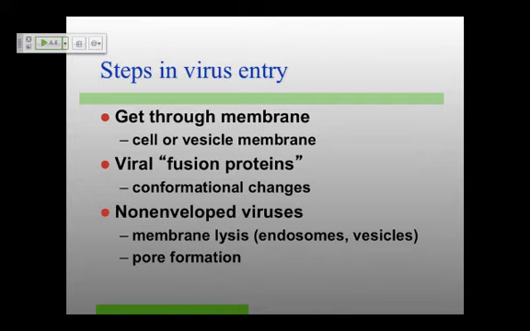And we'll talk about fusion proteins for lots of different viruses as we move through. We actually know quite a lot about these at a structural level. What happens with these fusion proteins is that there are big conformational changes that happen in them, allowing the membrane fusion to take place. And again, we know a lot about these. We'll take a look at them in just a second.